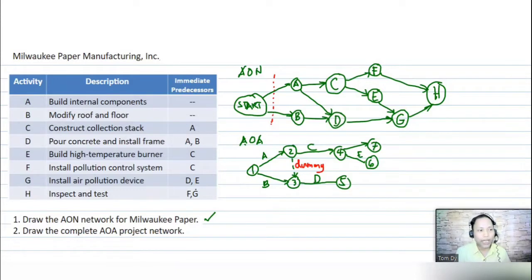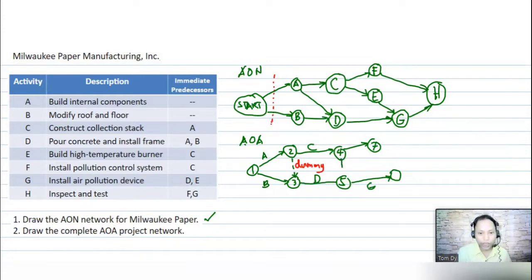G is after D and E. So after D and E, we have G, and there must be an arrow here for G. If we connect here, then we will have another activity, so we will now change our E to this part.